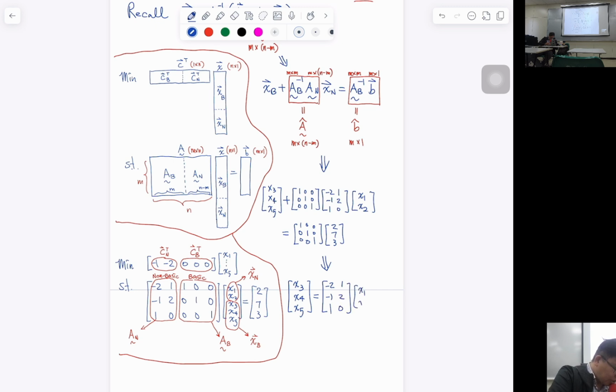This is going to be x1 and x2. And I did a typo again. This is plus. This is plus, right? So this guy is our A hat. This guy is our B hat, right? And we are going to visualize these as multiple linear equations. I will tell you why this is happening.